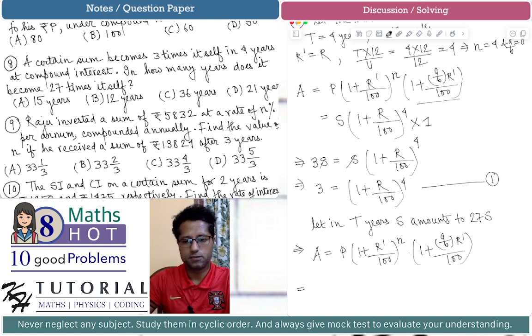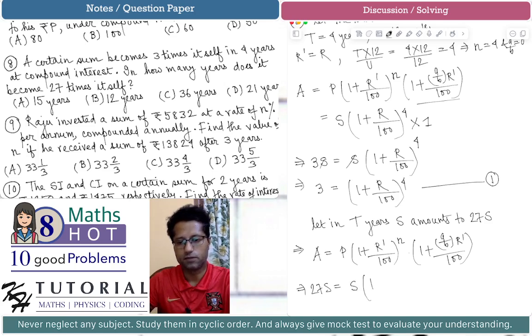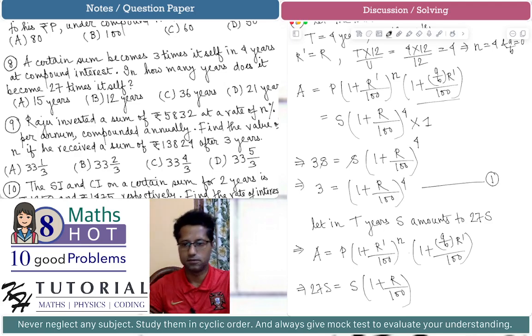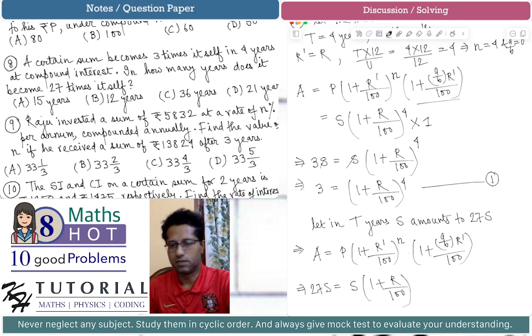So this implies the amount will be 27s, the principal is s, and the rate of interest will be r. Now, since it is asking in how many years, all the choices are integers. As you can see, the choices are 15 years, 12 years, 36 years, and 21 years. So we can assume that the fraction a by b will be 0. So it becomes n.